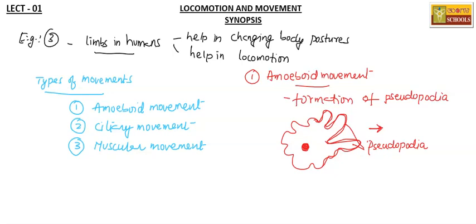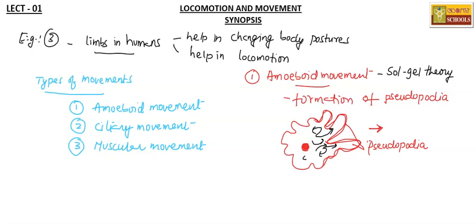Inside, the protoplasm moves into these finger-like projections, then returns back, and then again enters into them. Amoeboid movement, or pseudopodia formation, is usually explained by a theory called the sol-gel theory.